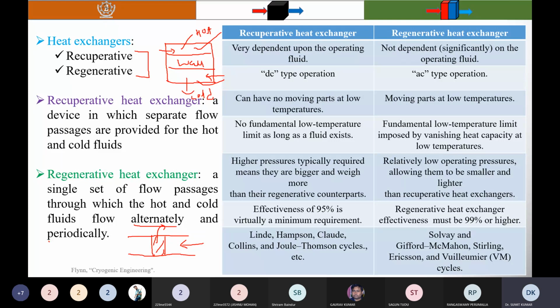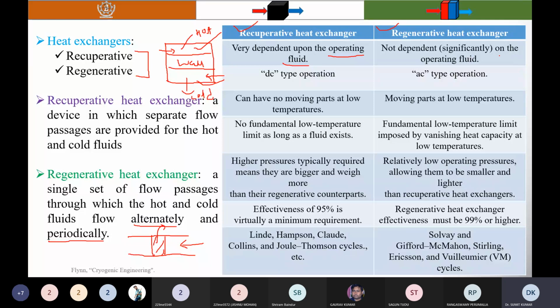Okay. So here I have written the difference between the recuperative heat exchanger and the regenerative heat exchanger. So the recuperative heat exchanger is very dependent upon the operating fluid. Okay. So which type of fluid you are using, it depends on this. But the regenerative heat exchanger is not dependent, or you can say less dependent, on the operating fluids.